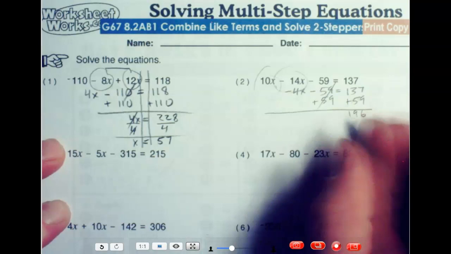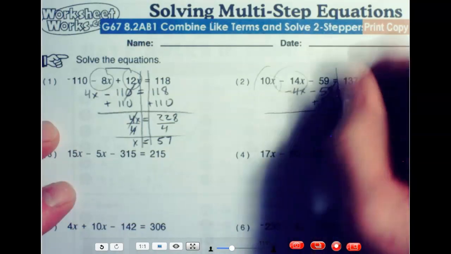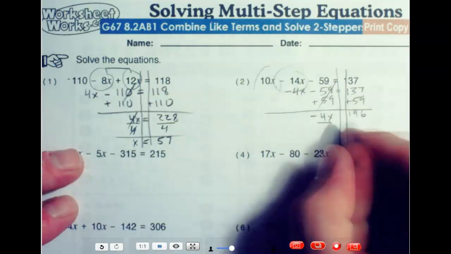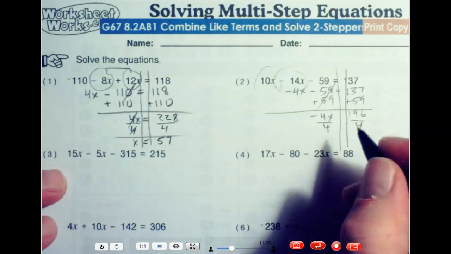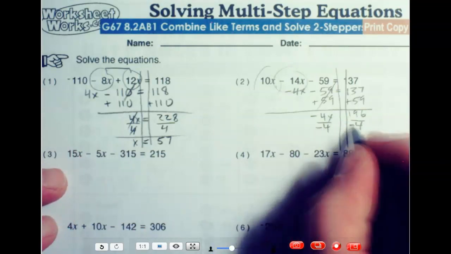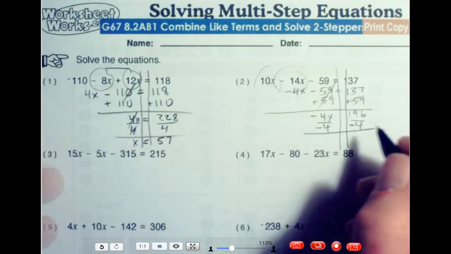I still got a negative 4x on this side. So my railroad track, so I can stay organized. So I'm going to divide. This time, it's not just 4 that I'm dividing by, but it's got to be a negative 4. If you don't divide by a negative 4, you end up with a negative x. And then you could multiply both sides by a negative 1.